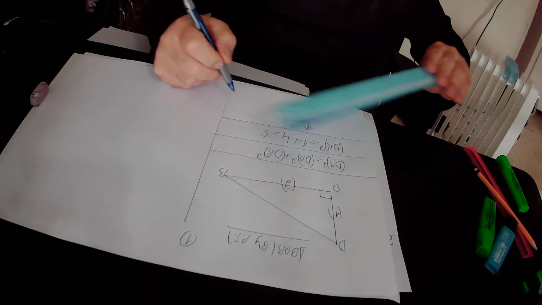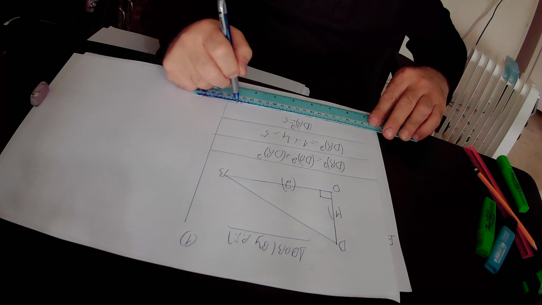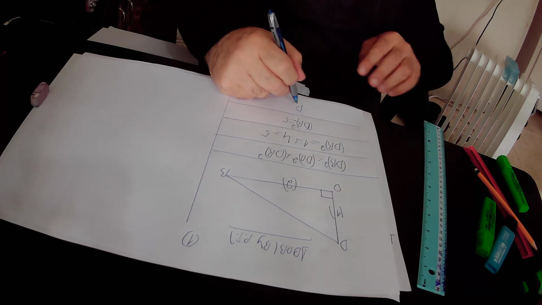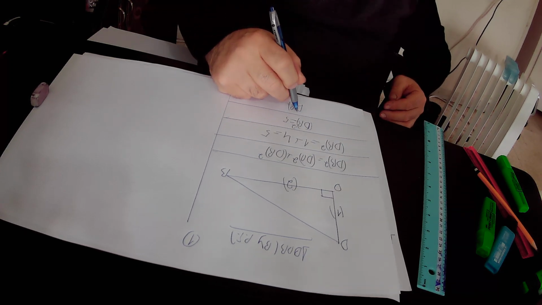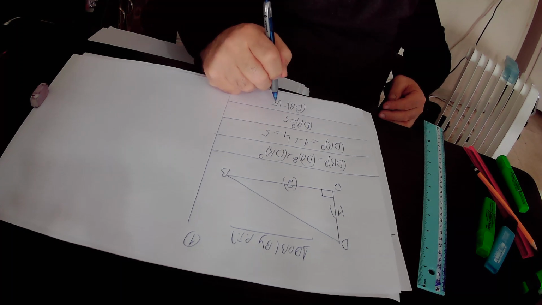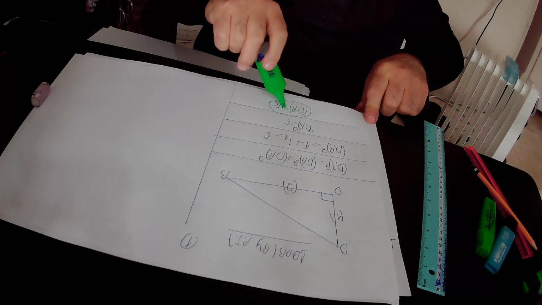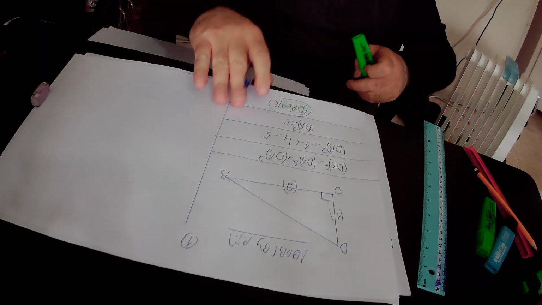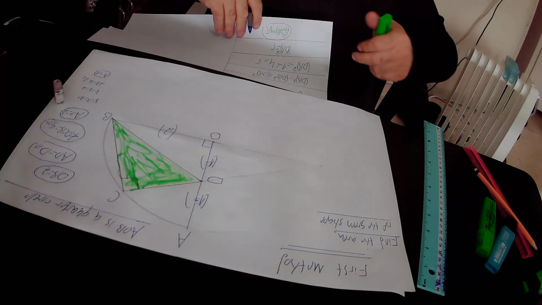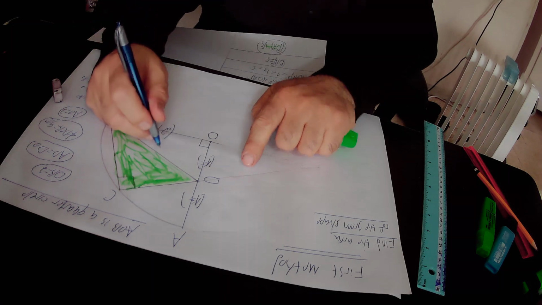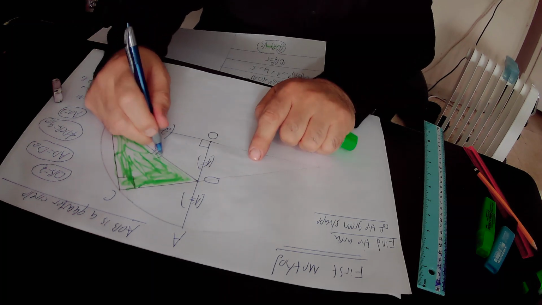We take the root of this equation and we get that DB equals the square root of 5 units in length.